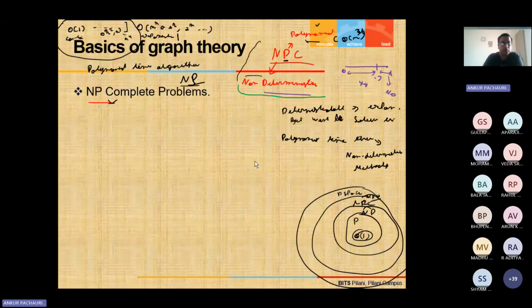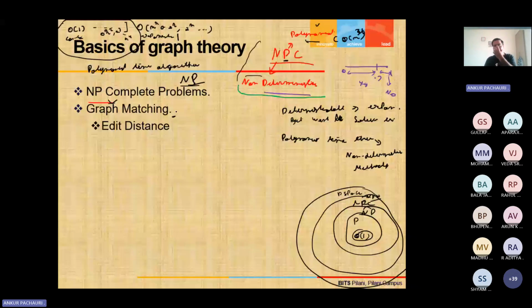So, graph matching, or edit distance. This may be the relaxed version of graph isomorphism. Matching means to what extent two graphs match each other. If it is 100% matching, then it is the graph isomorphism problem.